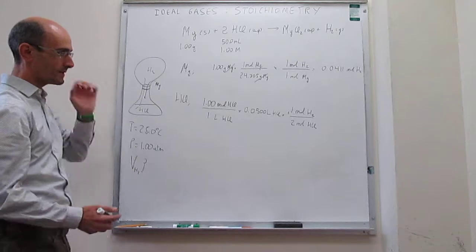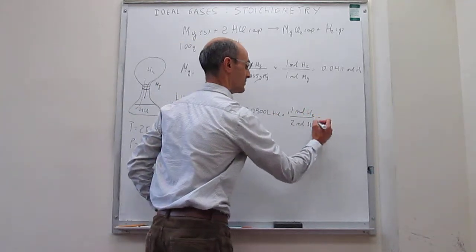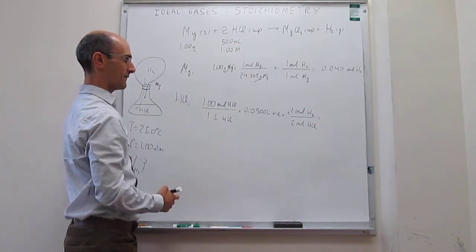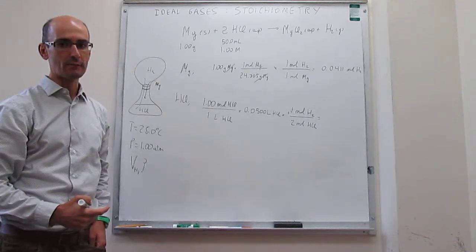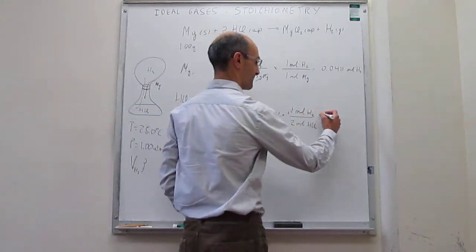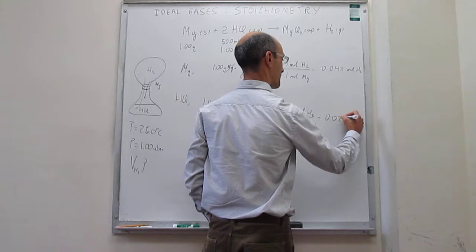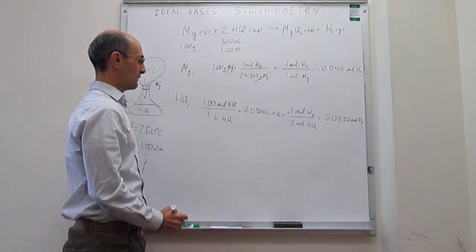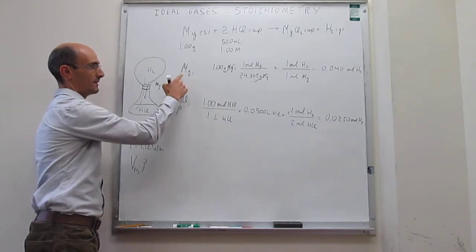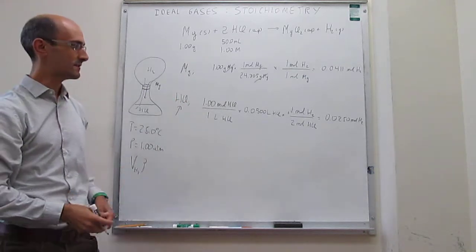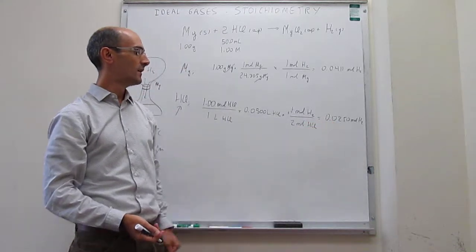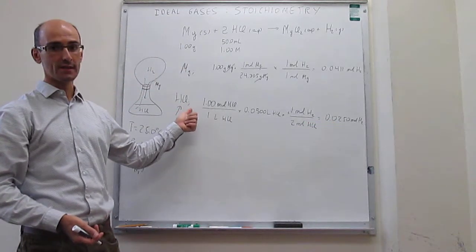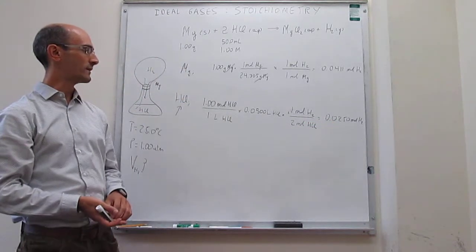All right, so when you type this, this is a fairly simple calculation. The output that you get is 0.0250 mole of H2. So obviously HCl is limiting, and magnesium is in excess, because the yield of hydrogen from the stoichiometric calculation with HCl is lower than the one that you get with magnesium.